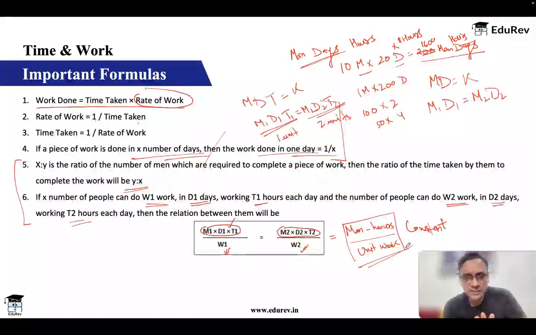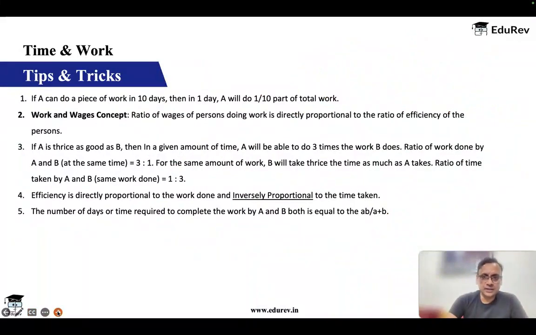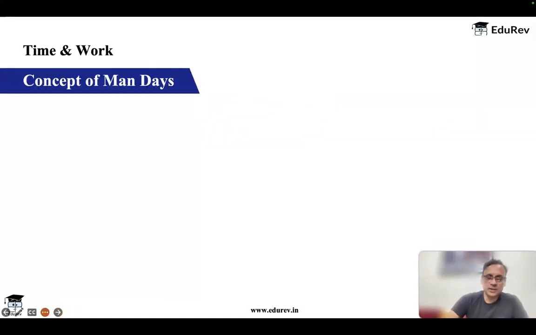A very useful concept, and we use this in a lot of questions. Okay, let's understand this by doing some questions. We saw the concept: man days and man hours.